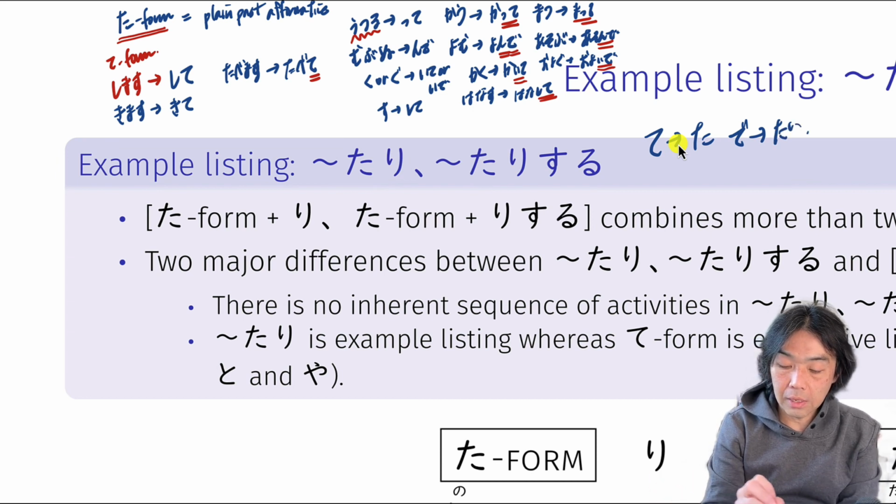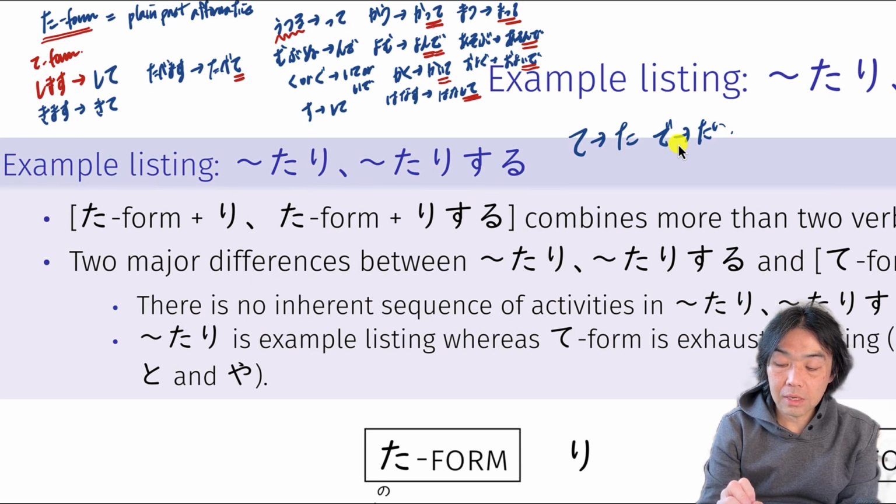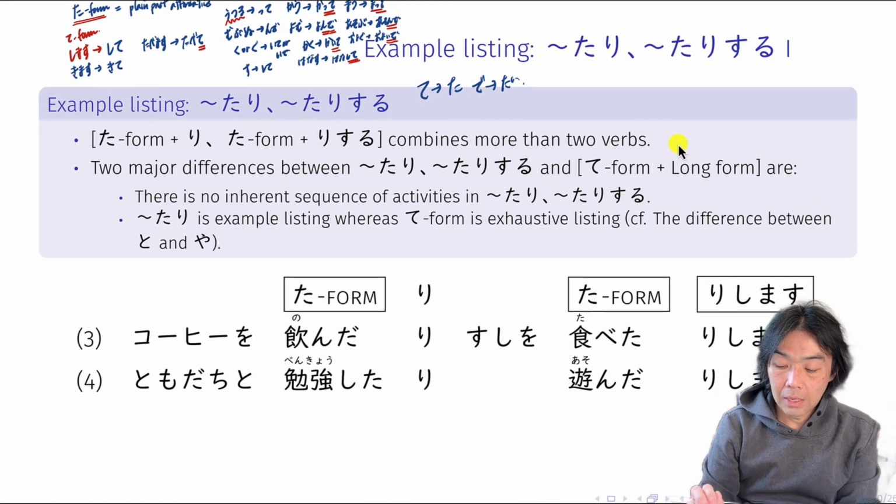So, for example, the ta form of します is した. The ta form of 来ます is 来た. The ta form of 食べます is 食べた. The ta form of 買う is 買った。待つ、待った。読む、読んだ。So now de becomes da instead of ta. 遊ぶ、遊んだ。書く、書いた。泳ぐ、泳いだ。話す、話した。Okay? So that's how you make ta form.